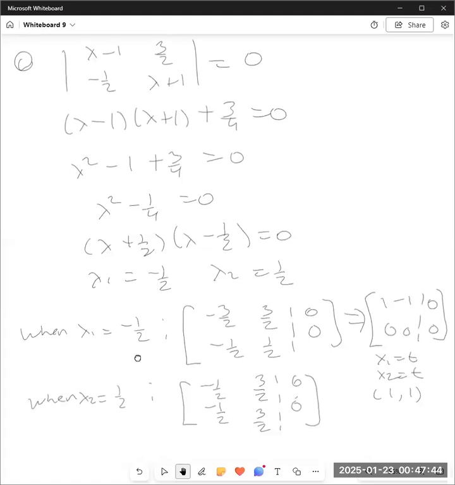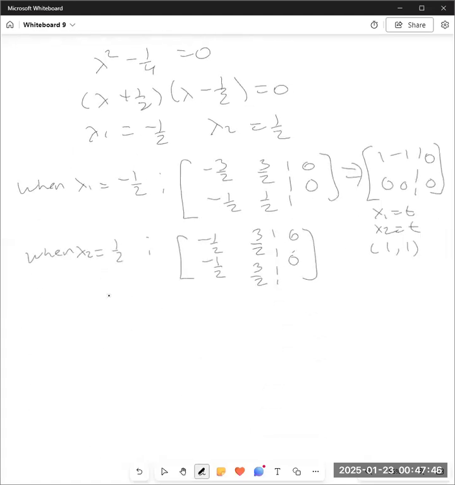So that is going to be 1, -3, just multiplying through by -2 here on this top row. That was identical, so that's 0, 0, 0, meaning that x1 is equal to 3x2. x2 is going to be my t, so this is 3t, giving me an eigenvector of 3, 1.